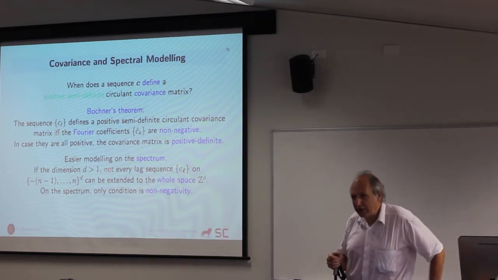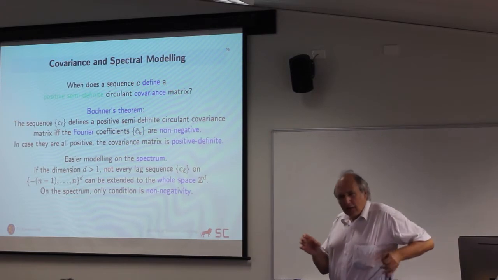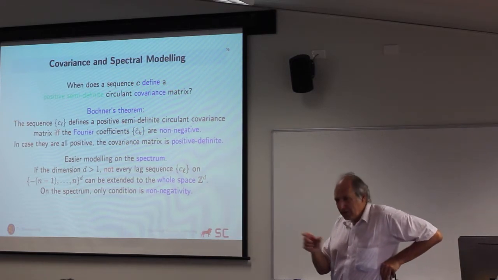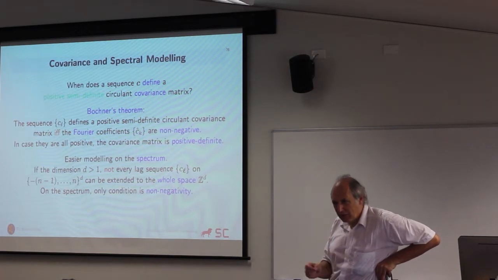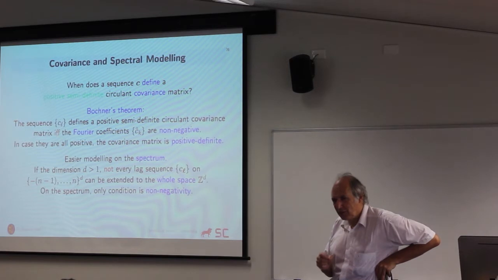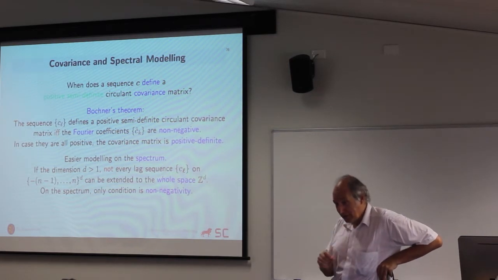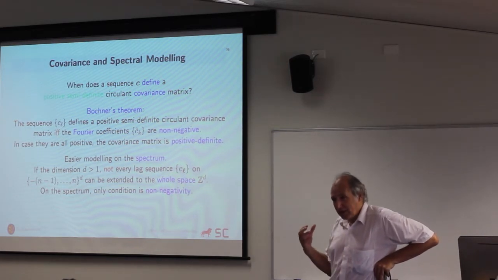Okay? So for covariance functions, not every function which is only dependent on the distance is a valid covariance function because it has to be positive definite. Okay? And it's not easy to see whether a function is positive definite. But in the spectral picture, it's very easy to see.